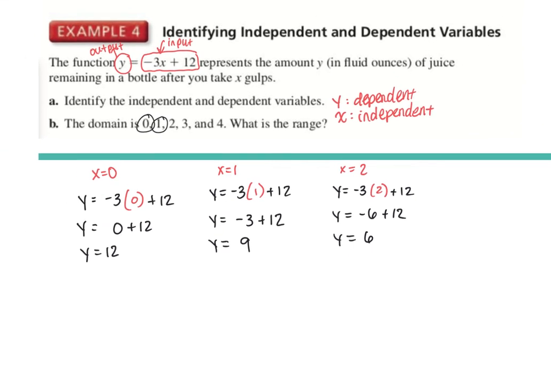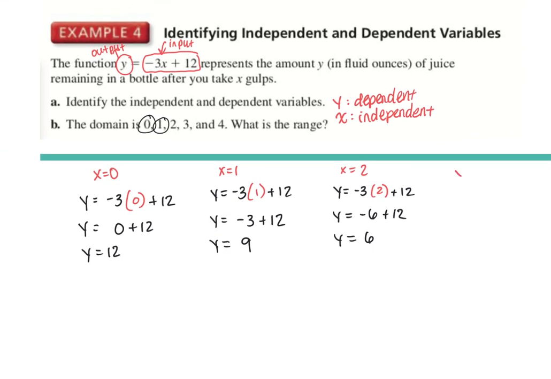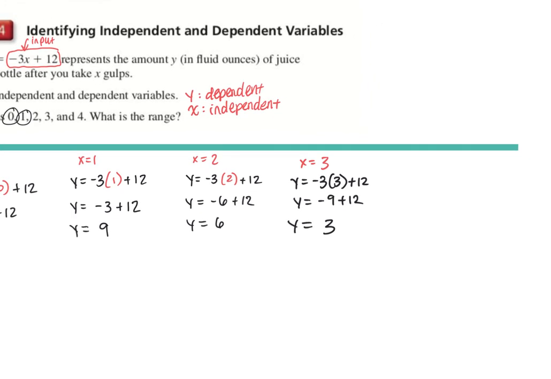We've got 2 more, x equals 3 and x equals 4. X equals 3. Y equals negative 3 times 3 plus 12. Y equals negative 9 plus 12. Y equals positive 3. Okay, we keep going. X equals 4.